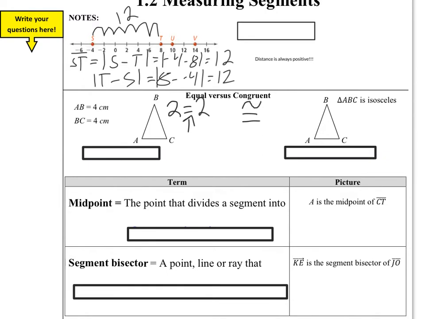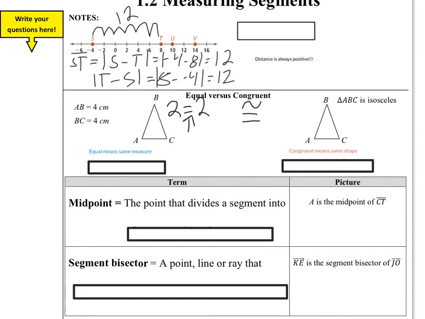The important thing here to remember is that numbers are equal. So that means they have the same measure, they're the same length. Numbers are equal and shapes are congruent. So congruent is used whenever we're talking about a shape. So we would not say that segment AB is equal to segment BC, because we're talking about the shape.